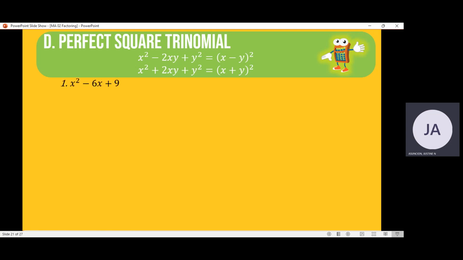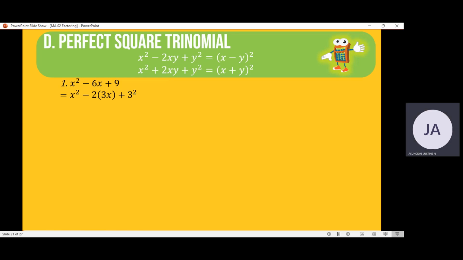So for instance, we have here x squared minus 6x plus 9. Let's utilize these forms. Let's have this first form. We have x squared, and then we have negative 6x, which can be expressed as 2 times 3x, and 9 can be expressed as 3 squared.